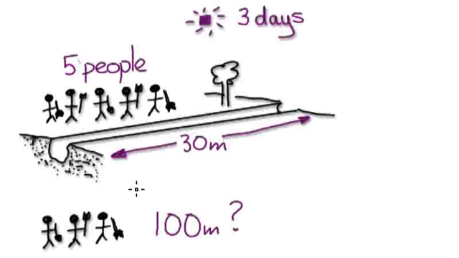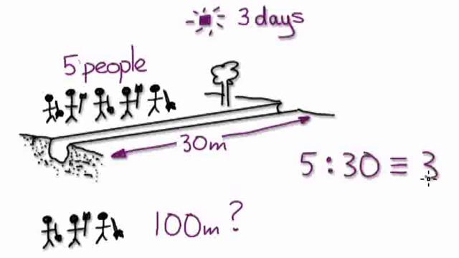Okay, so think about this. Maybe you could summarize it like this. Write it as 5. So this first column here represents people. This here could be meters, and this here, I'm just making up this symbol here, 3 days.